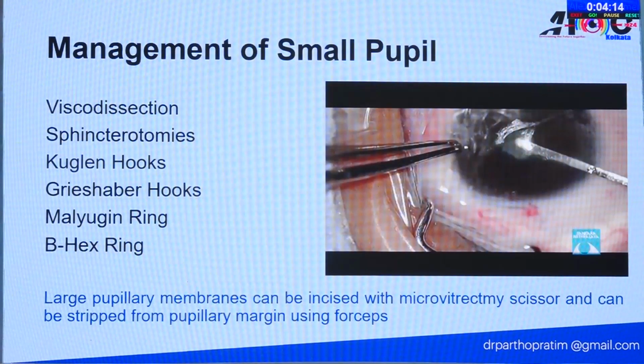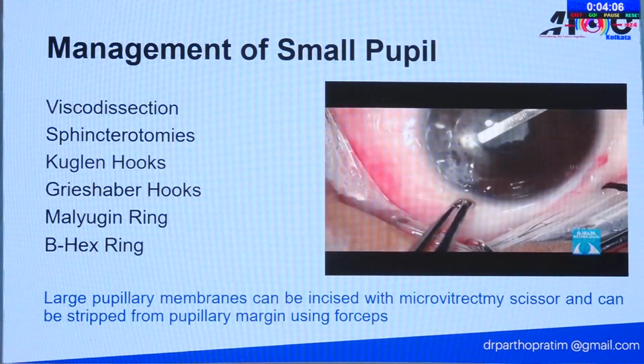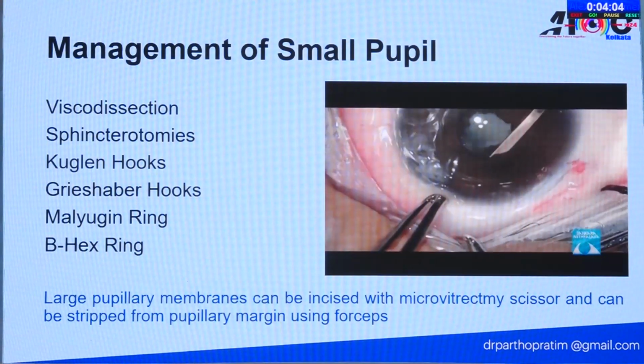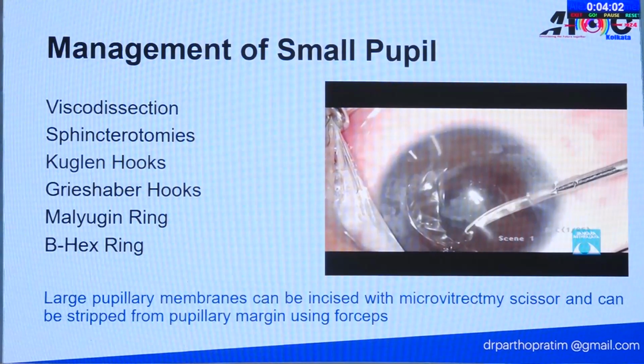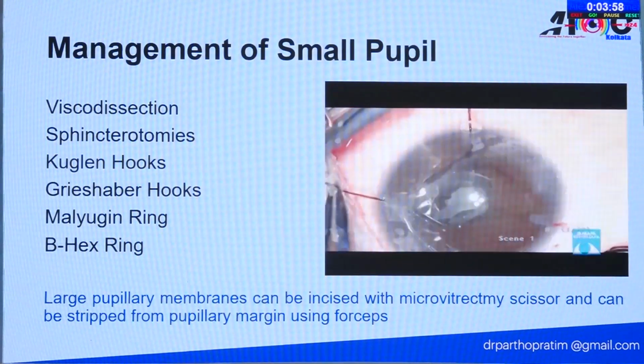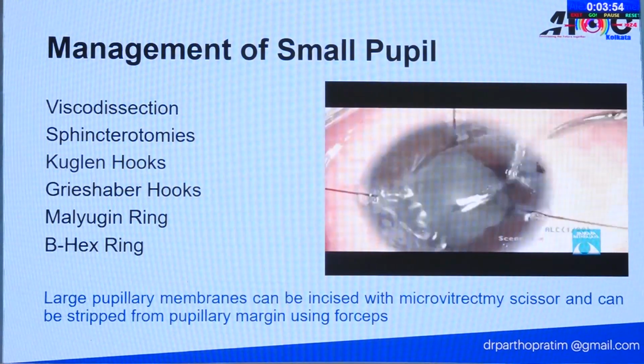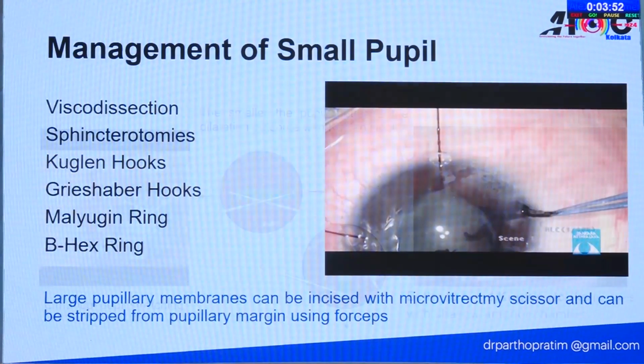Now, I won't be discussing the management of small pupil in detail. I'm sure all of you know how to do this. One important thing I want to tell you is that if there is a large pupillary membrane, it should be incised with the microvitrectomy scissor and stripped from the pupillary margin before you proceed with the phacoemulsification.